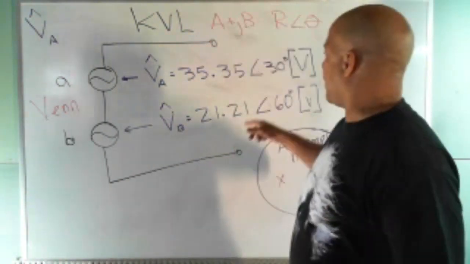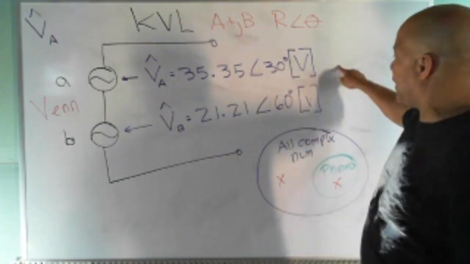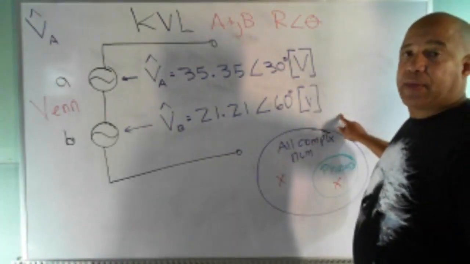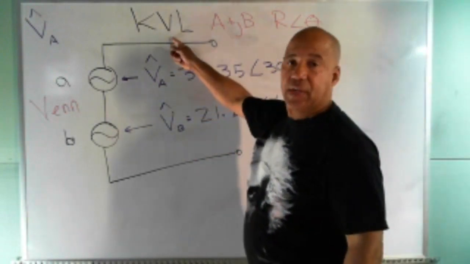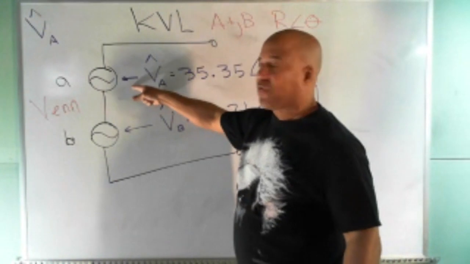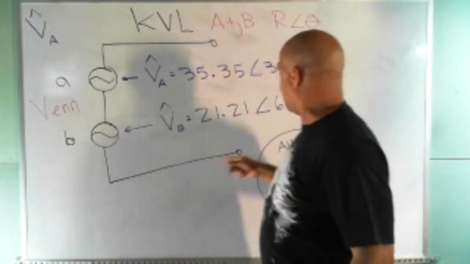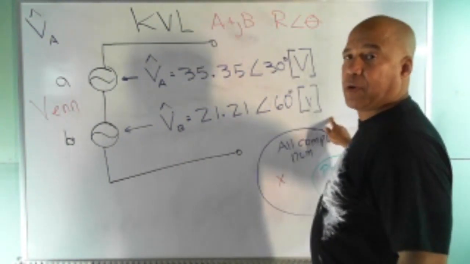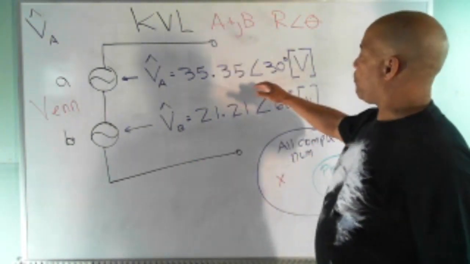Since phasors are complex numbers, we can go ahead and convert these to rectangular form, and then we can add them up, because that's what Kirchhoff's voltage law says. Kirchhoff says I should be able to add this voltage to this voltage and get the total voltage. And I can do that if I convert these over to rectangular form, add them, and then convert them back to polar form.